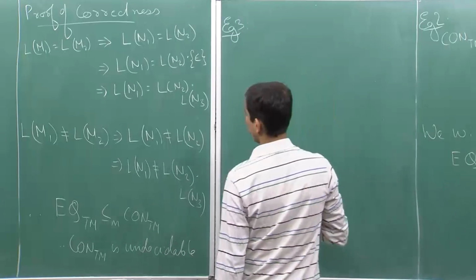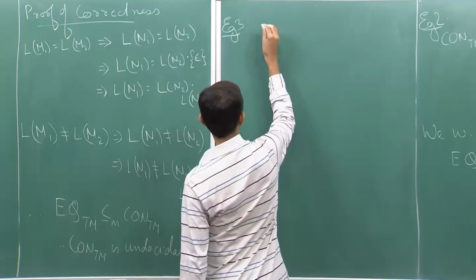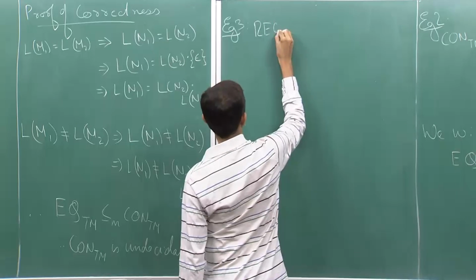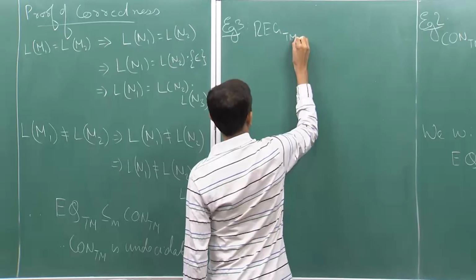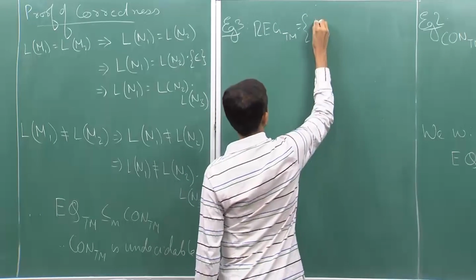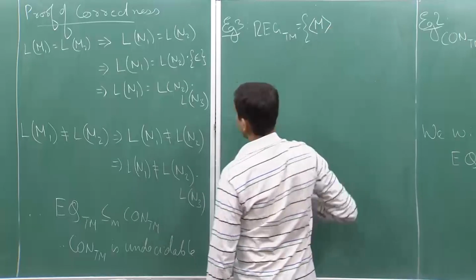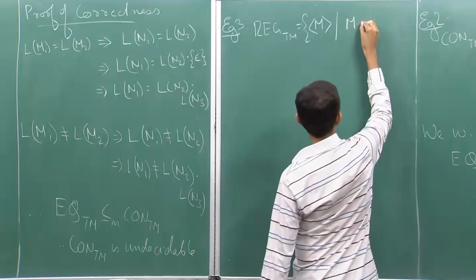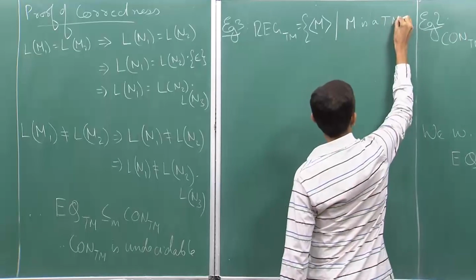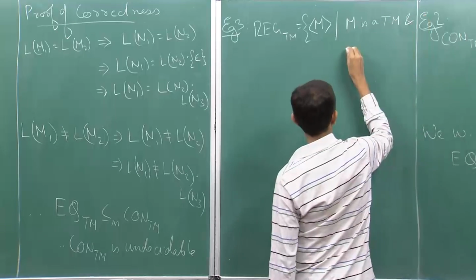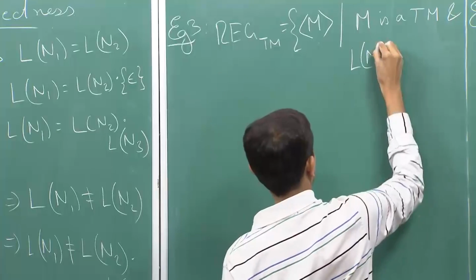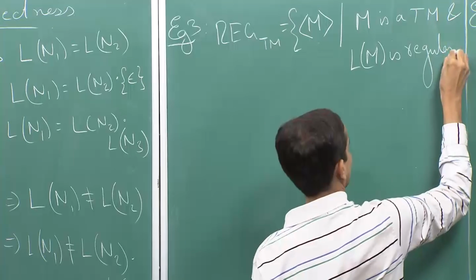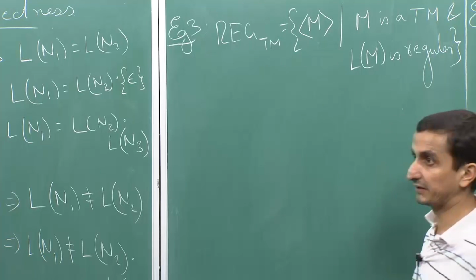So, let us define this language RegTM as encodings of Turing machines M. So, M is a Turing machine and the language of M is regular.